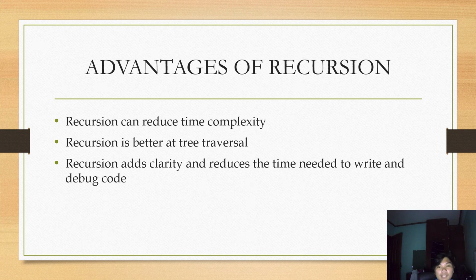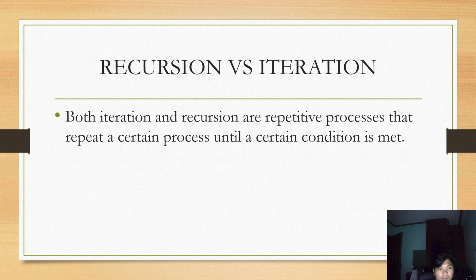So I have an example here, but let me first discuss the two different approaches. We have recursion and iteration. Both of these are repetitive processes that repeat a certain process until a certain condition is met.